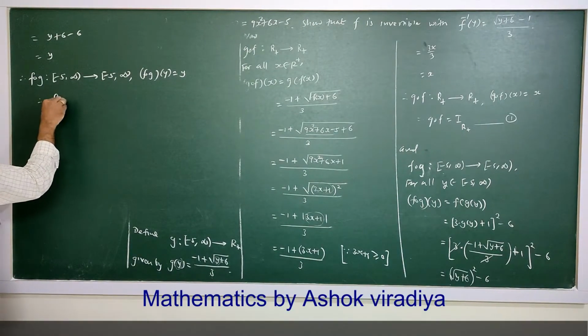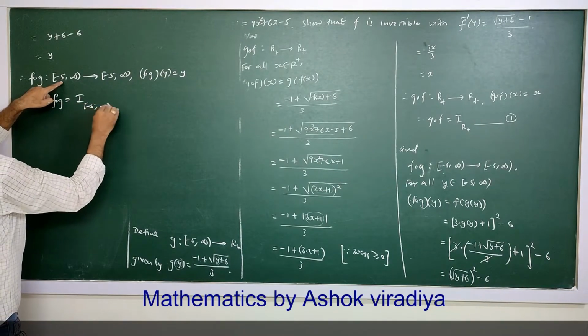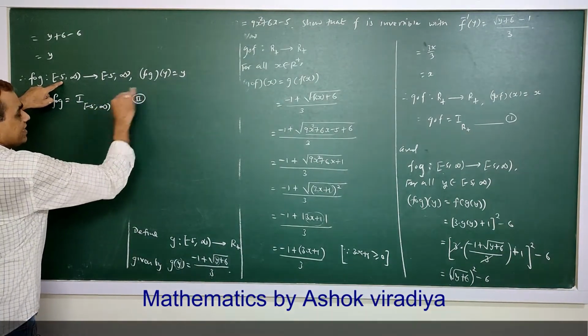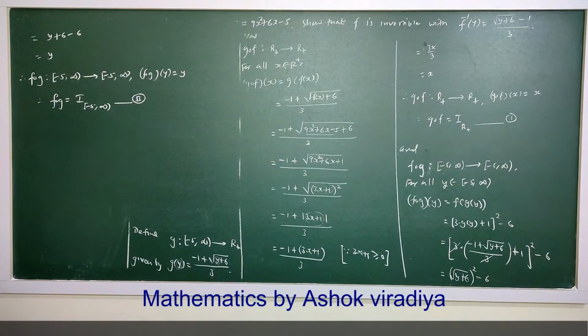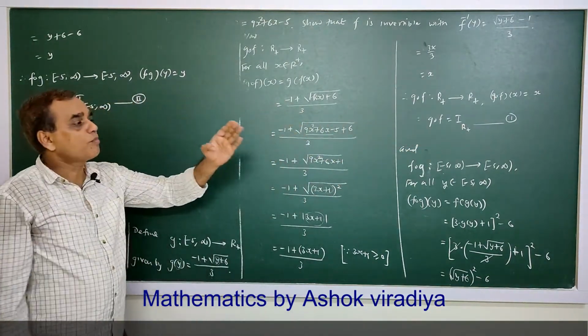Therefore this function is the identity function on minus 5 to infinity. Second condition: so GOF is the identity function on the domain of f.